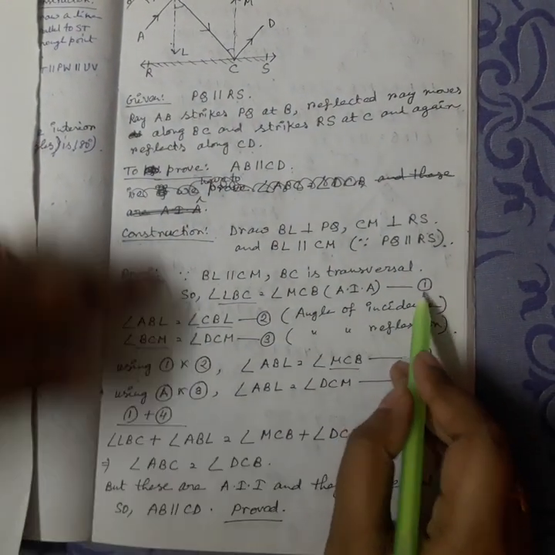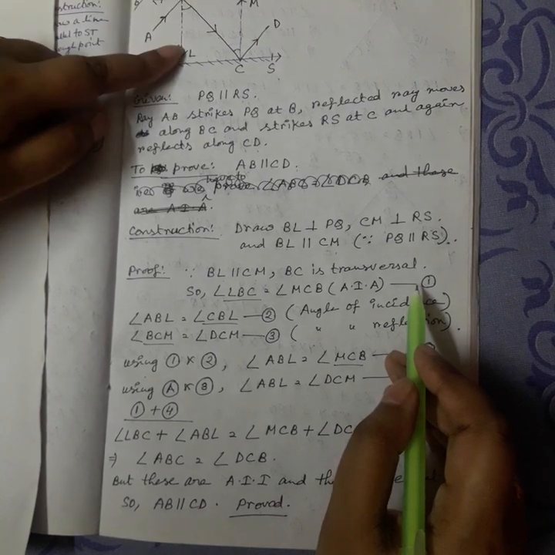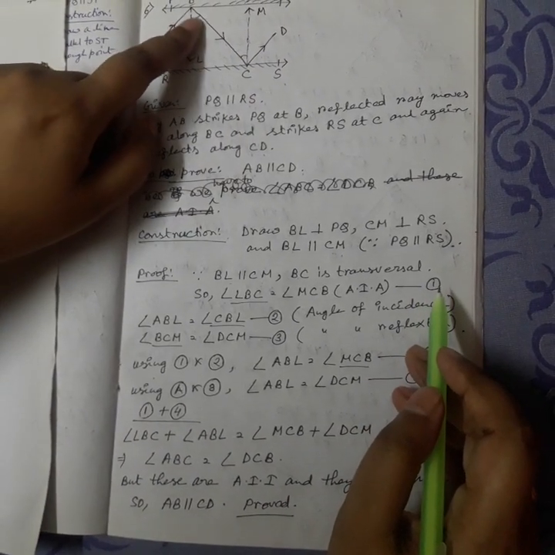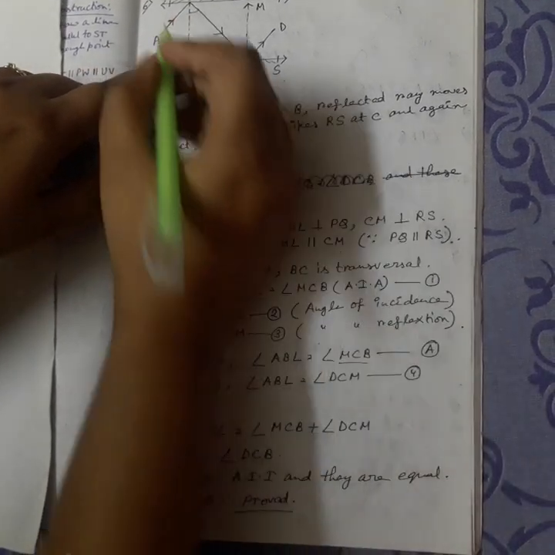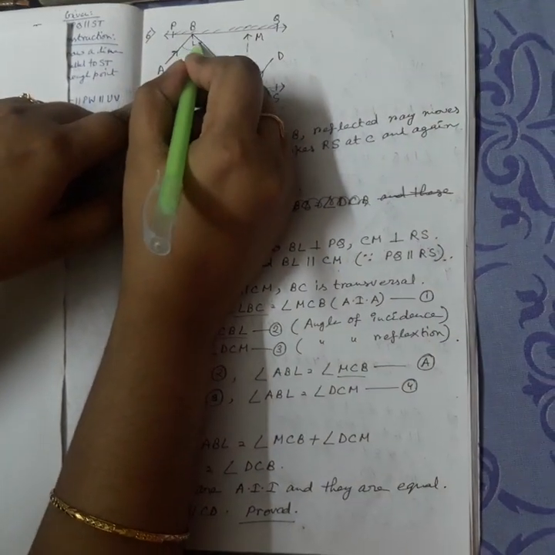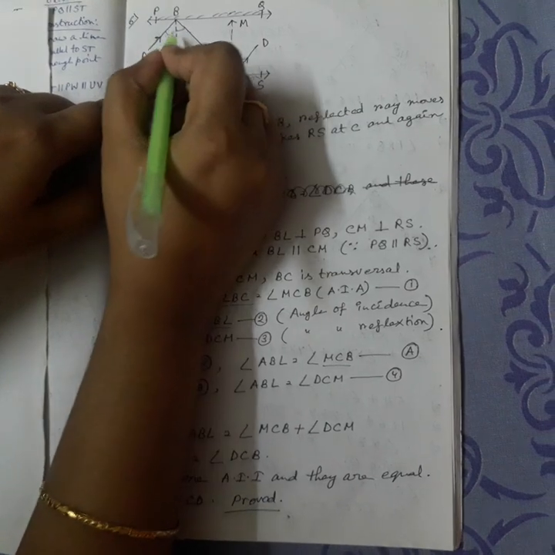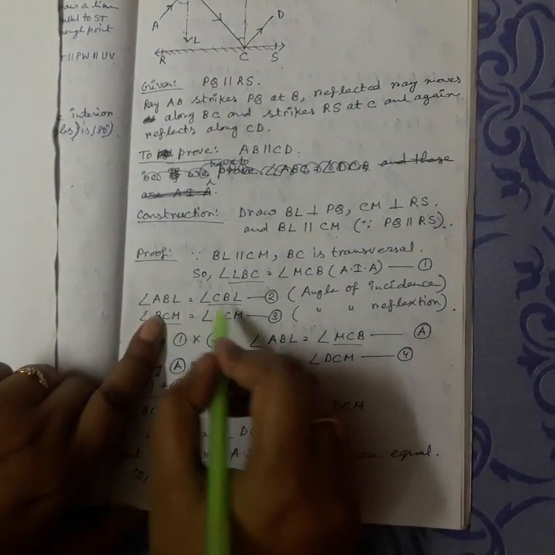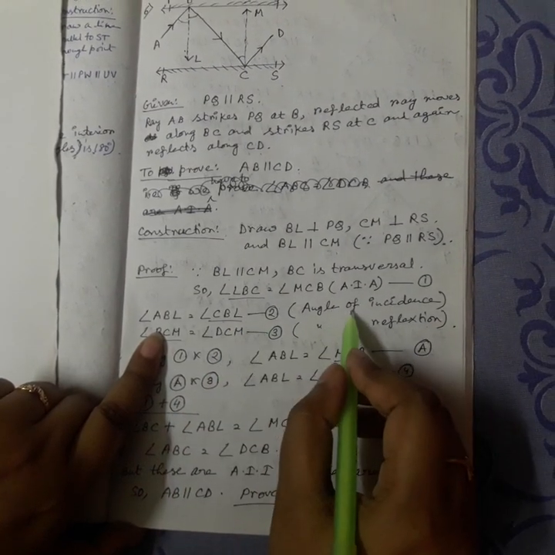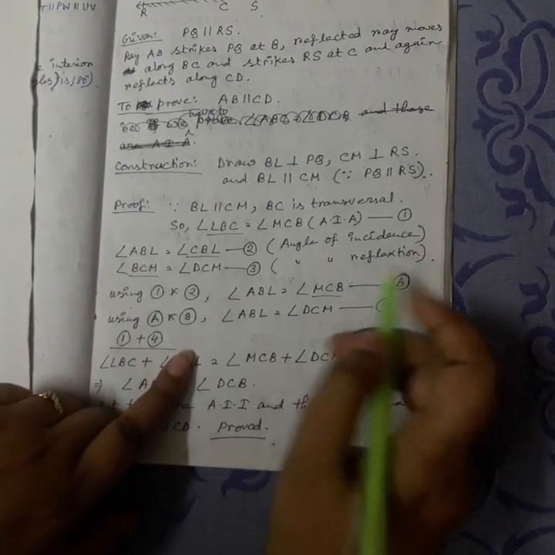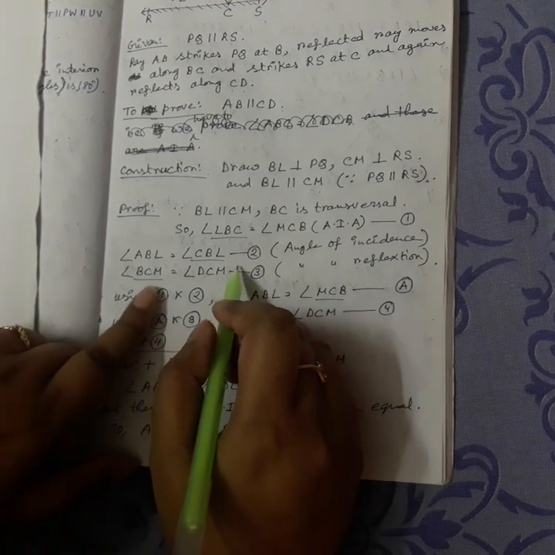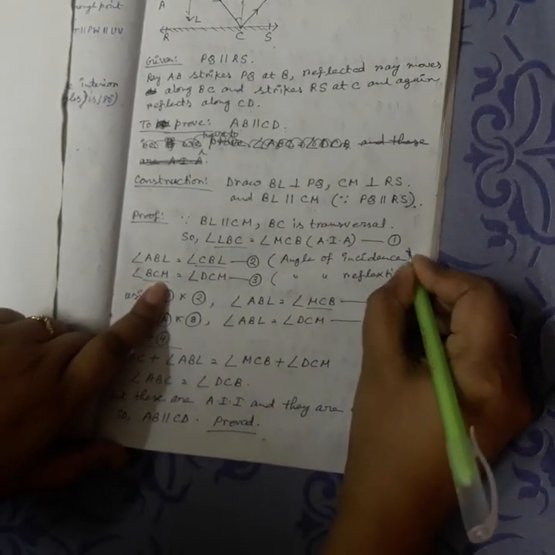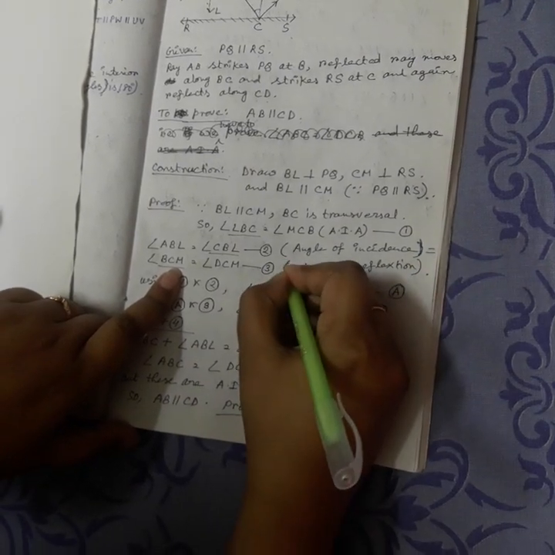Make it 1. Now angle ABL equal to angle CBL, because we know that angle of incidence equal to angle of reflection. That means these two, i equal to r you have done in physics. So this angle equal to this angle, that is written here angle ABL equal to angle CBL, because these two are angle of incidence equal to angle of reflection.